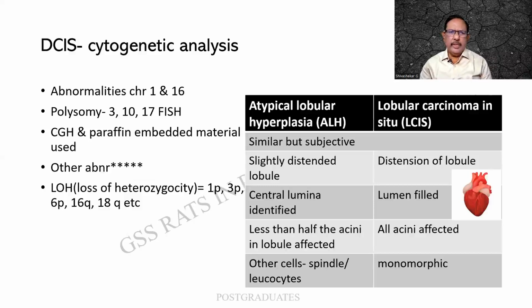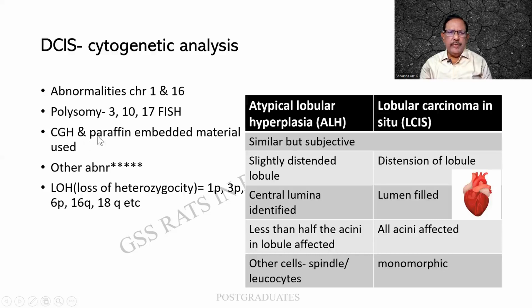Ductal carcinoma in situ, again a cytogenetic analysis. What I would advise you is, as and when you come across the numbers of the chromosomes or the alphabets, make a list of it and let it be jotted down by the side of your text. There can be anomalies in chromosome 1 and 16 as well as polysomy in 3, 10 and 17 identified by FISH technique.